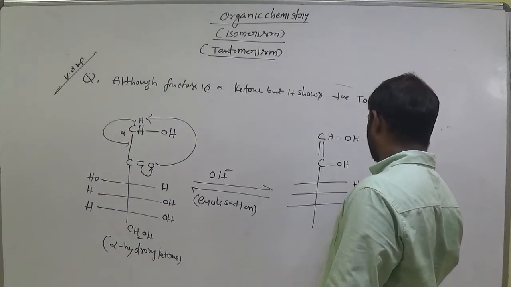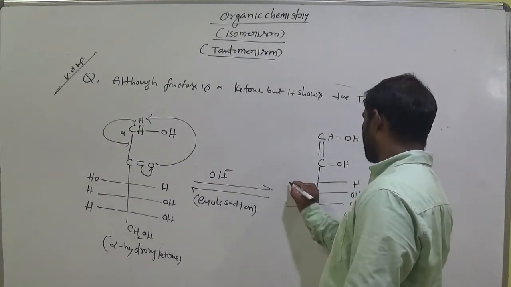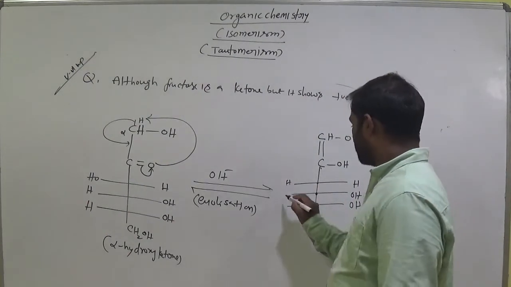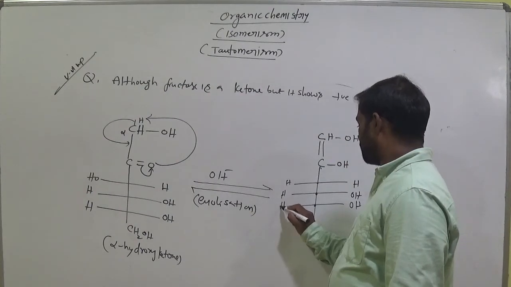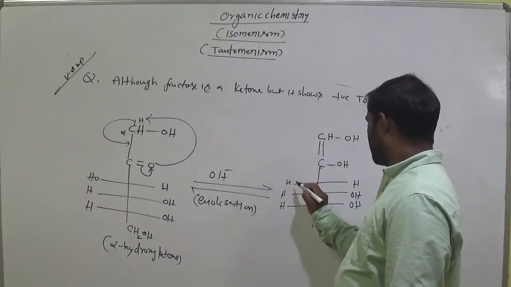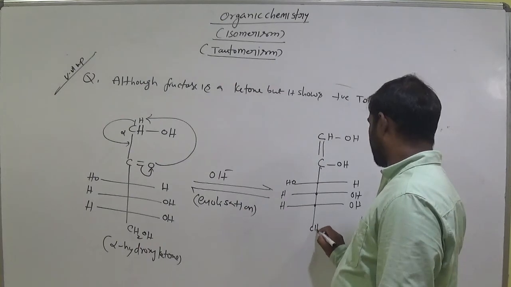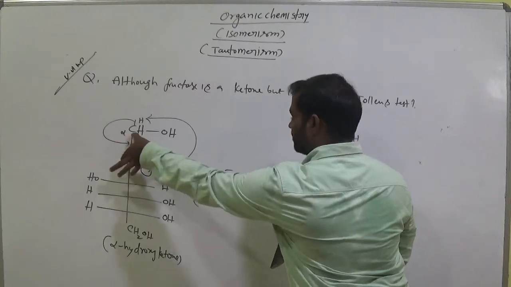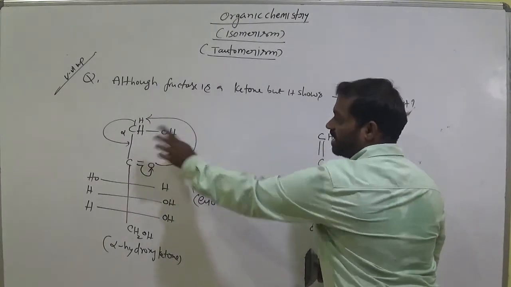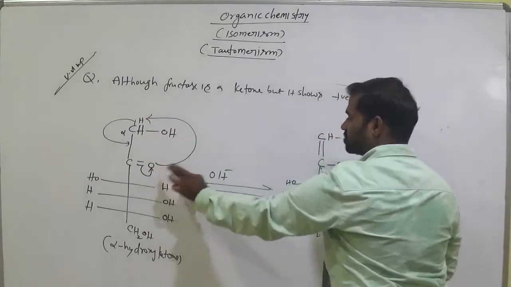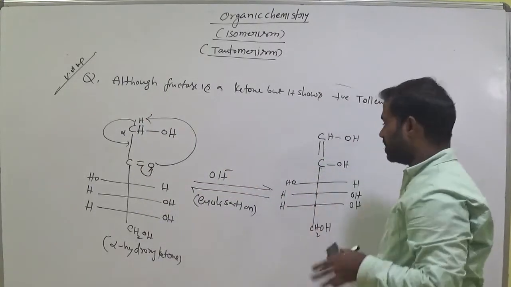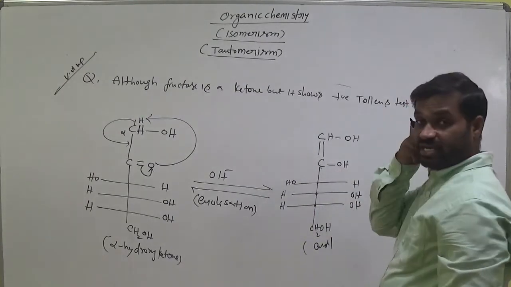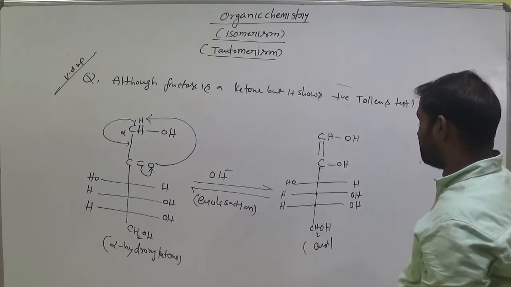This is H, OH, OH, and this one is H. In the middle carbons, H, this is OH. This is CH2OH. This bond is migrated between these two carbons, so a double bond forms. Already one hydrogen is there on OH. This hydrogen moves towards oxygen. One bond is broken. This is the enol. The double bond is there and the OH group is there. Enol.